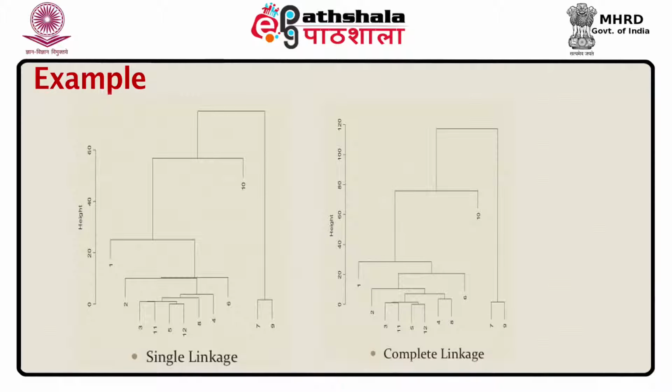If you look at the left-hand side picture, you will see that in the single linkage, the height is only somewhat beyond 60, whereas in the complete linkage, it goes much higher. It merges at around 120 into a single cluster. So the heights are different in the two linkage methods.